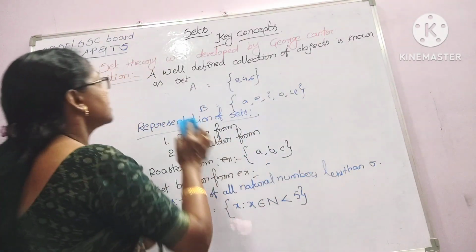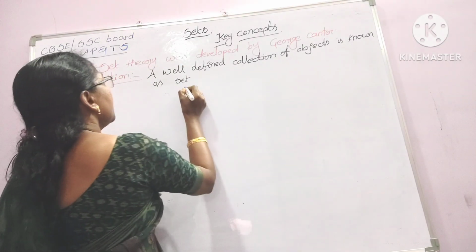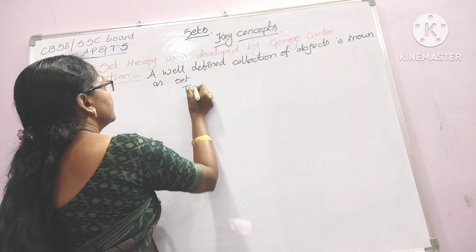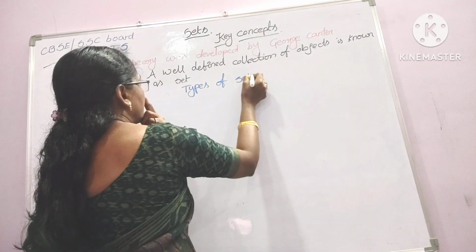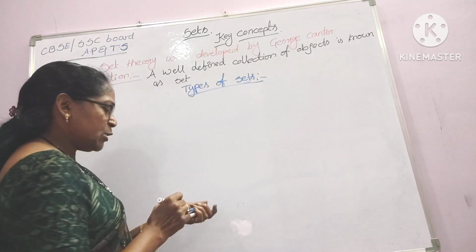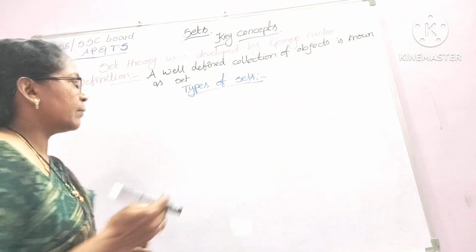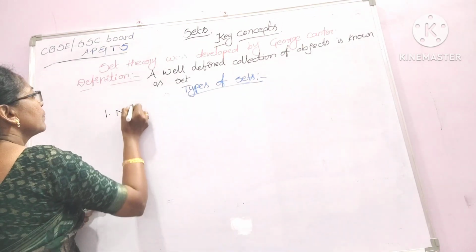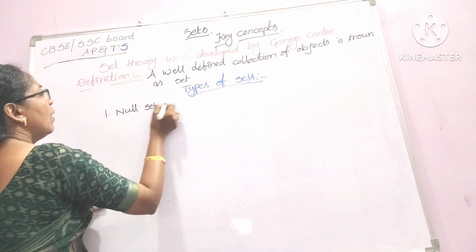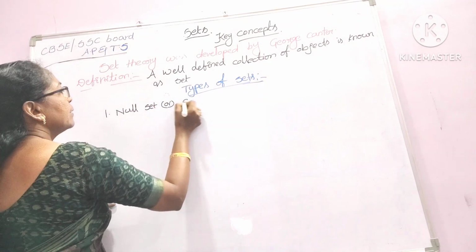Next topic is types of sets. In these types of sets, first one is null set or empty set.